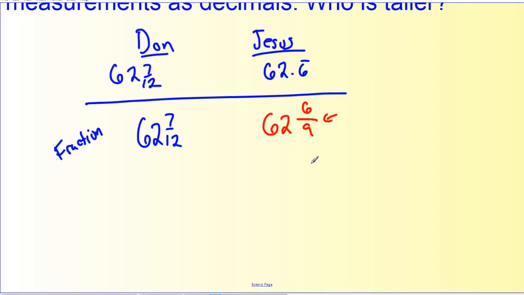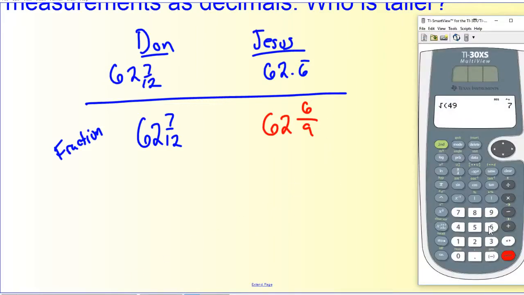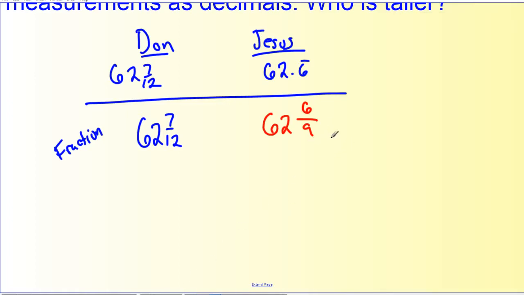And if you try it, this will work. And we should check to see if we can simplify our fraction, which we absolutely can, because 6 over 9 simplifies down to 2/3. See? So this is 62 and 2/3.